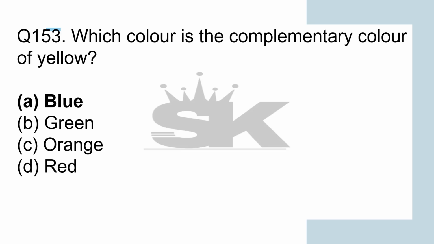Modern color theory uses the RGB additive color model or the CMY subtractive color model. In this, the complementary pairs are red, cyan; green, magenta; blue, yellow. I'll write it down here.